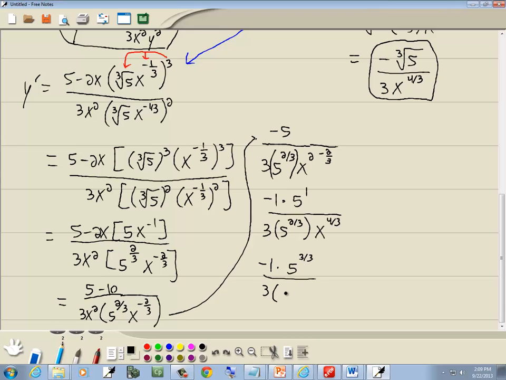This is 3 times 5 to the 2/3, x to the 4/3. If you got 5 to a power over 5 to a power, you subtract the smaller exponent from the larger one. 3/3 minus 2/3 gives us 1/3, and we'll have 5 to the 1/3 where our larger exponent was, which was on top.